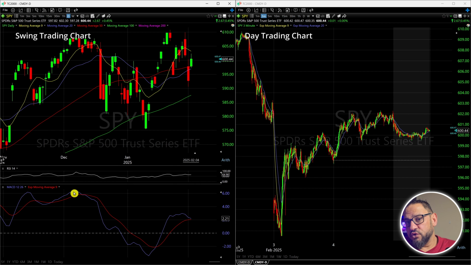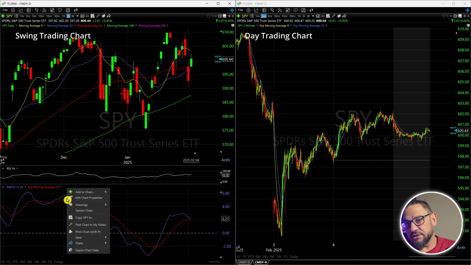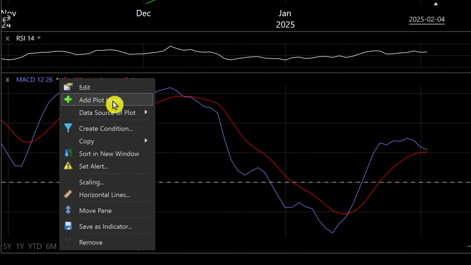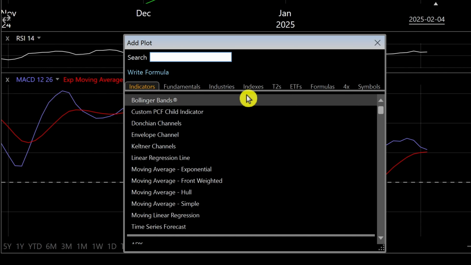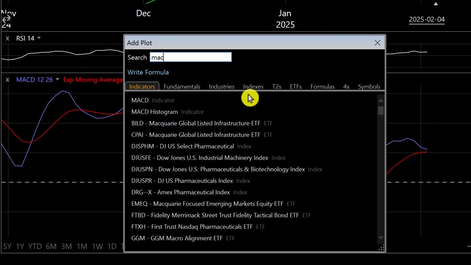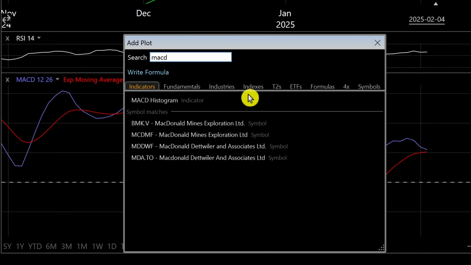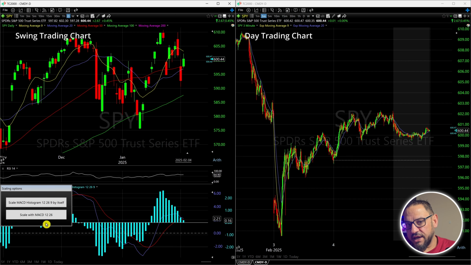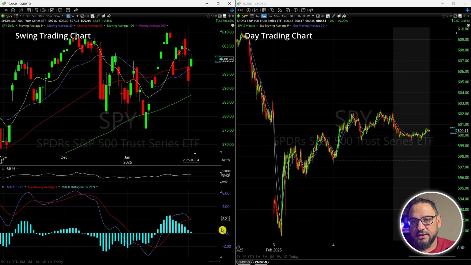And what I do here, usually, I just add a plot. So add to, I'll go like this, and then add plot here. And what I do is I go MACD, and I add the histogram here. Okay, and scale with MACD, and then here you go.